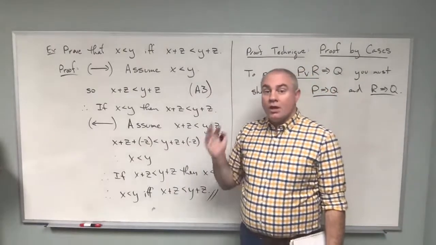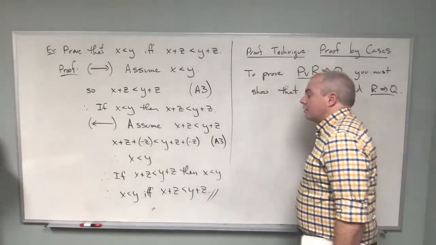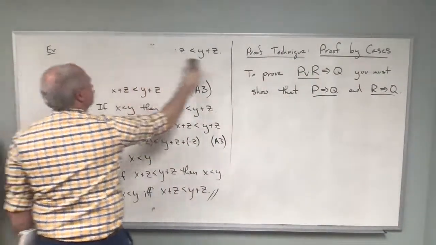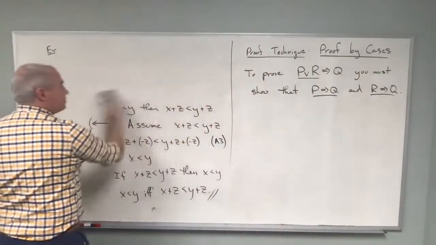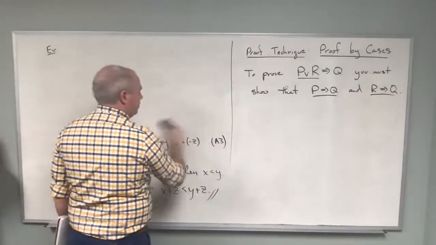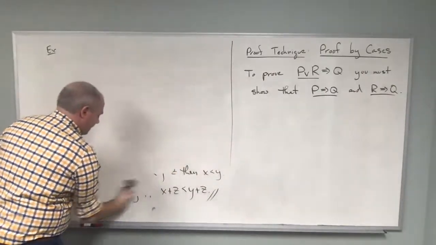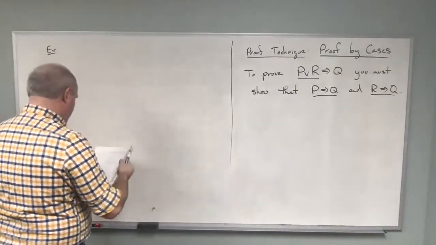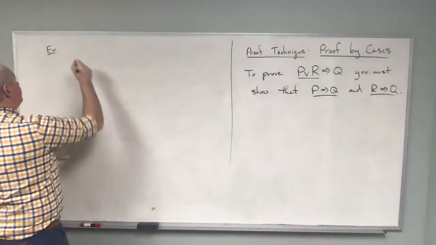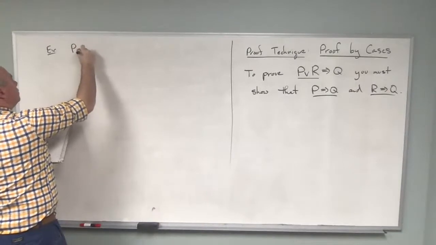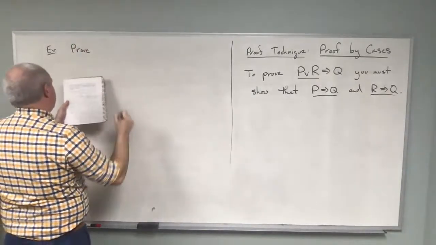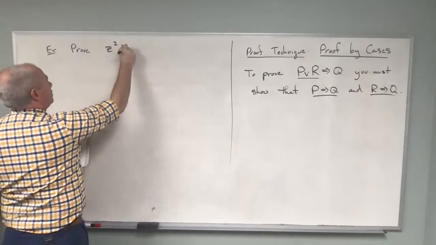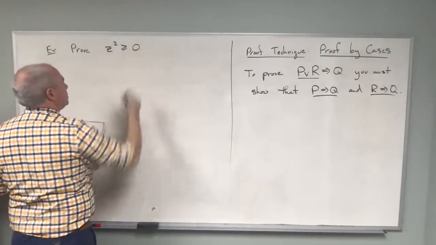Okay, so let me erase and let's look at another example problem where we use proof by cases. So let's prove that z squared is greater than or equal to 0.